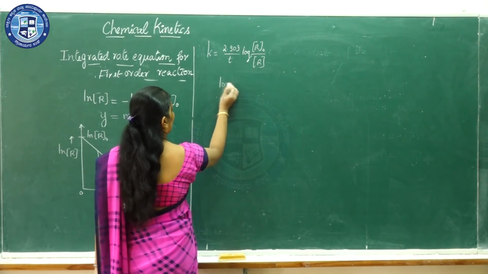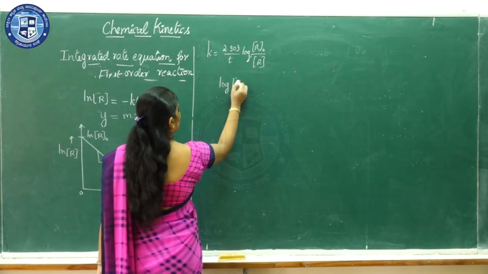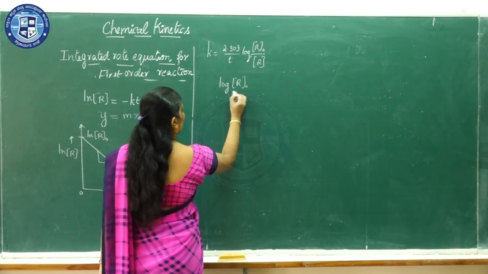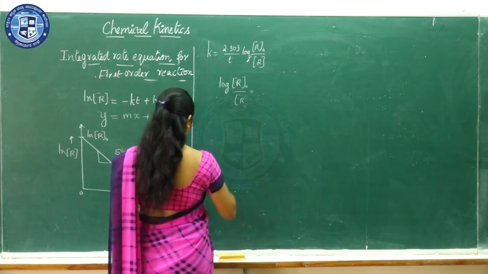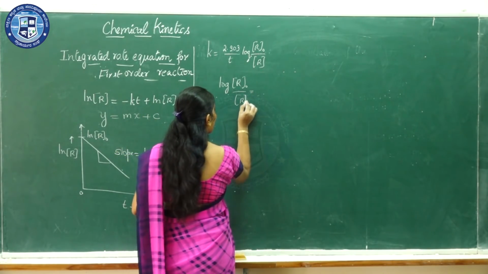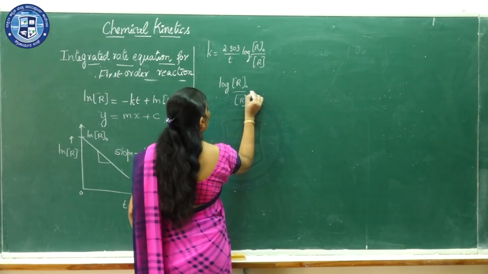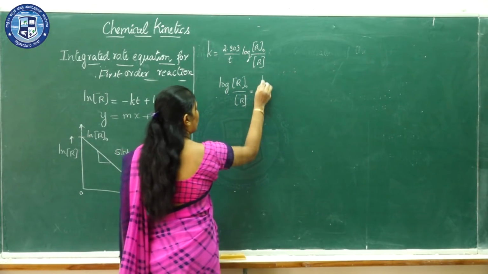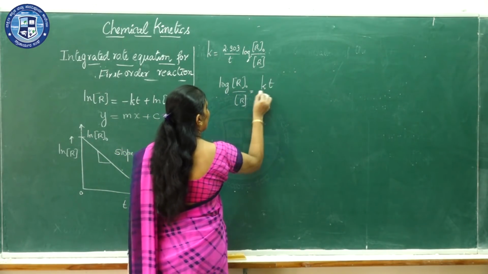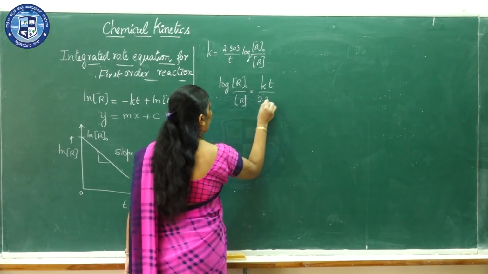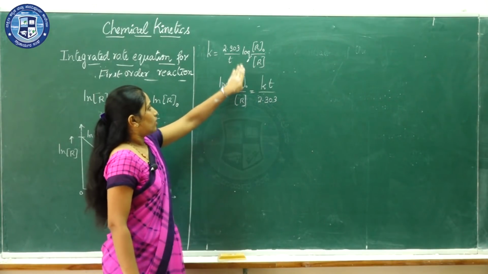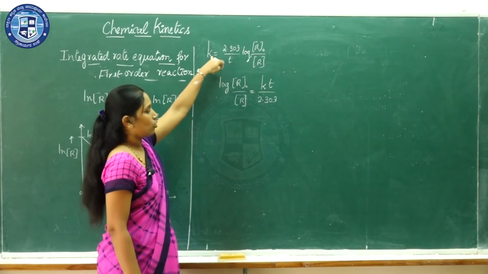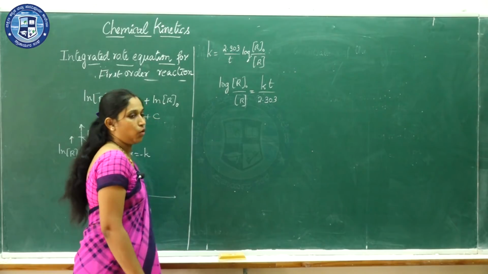So, log of R naught divided by R is equal to kt divided by 2.303. I just left it on the side, t is taken to the other side, then 2.303.